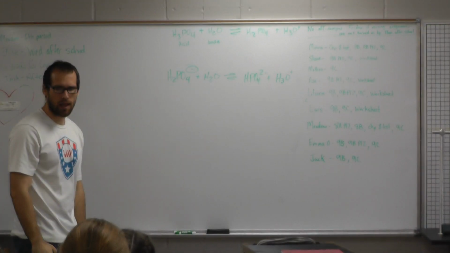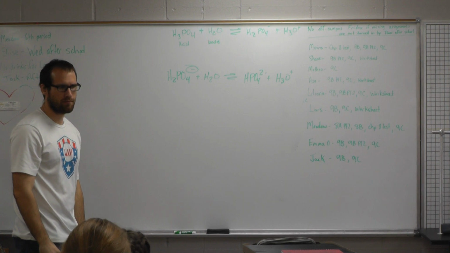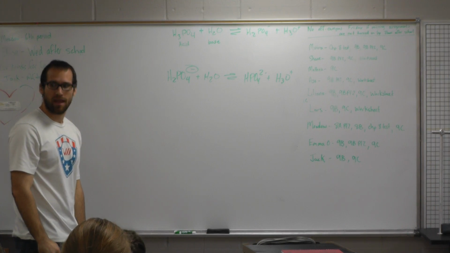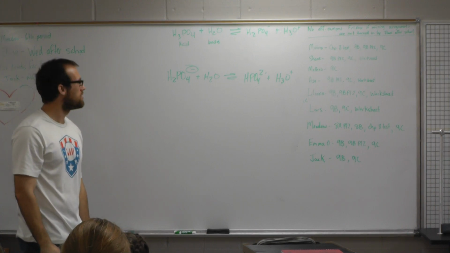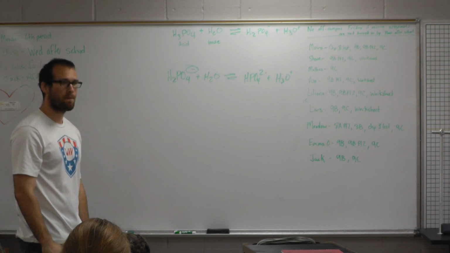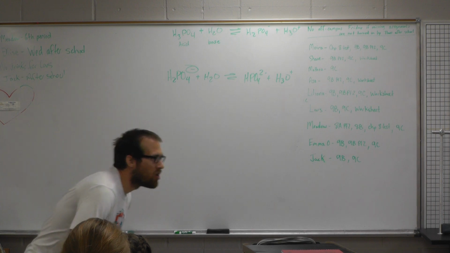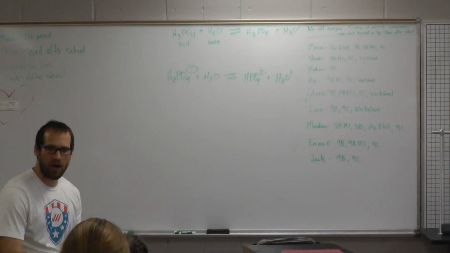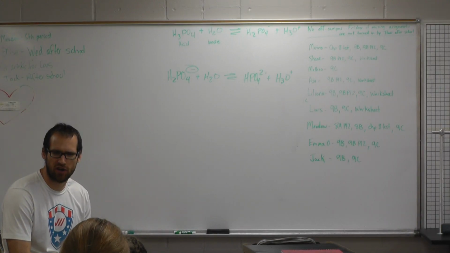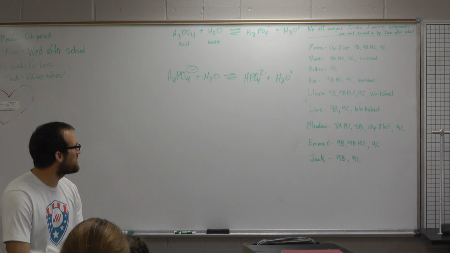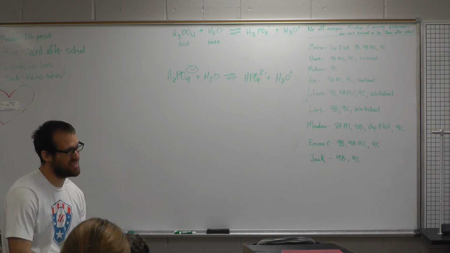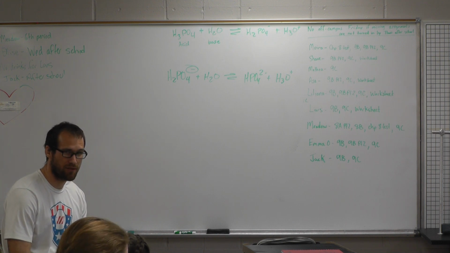Why? It already has lost a hydrogen, yes. What are we giving off? A proton, which is positively charged, right? Do you think something that's negatively charged is going to easily give off something positive?